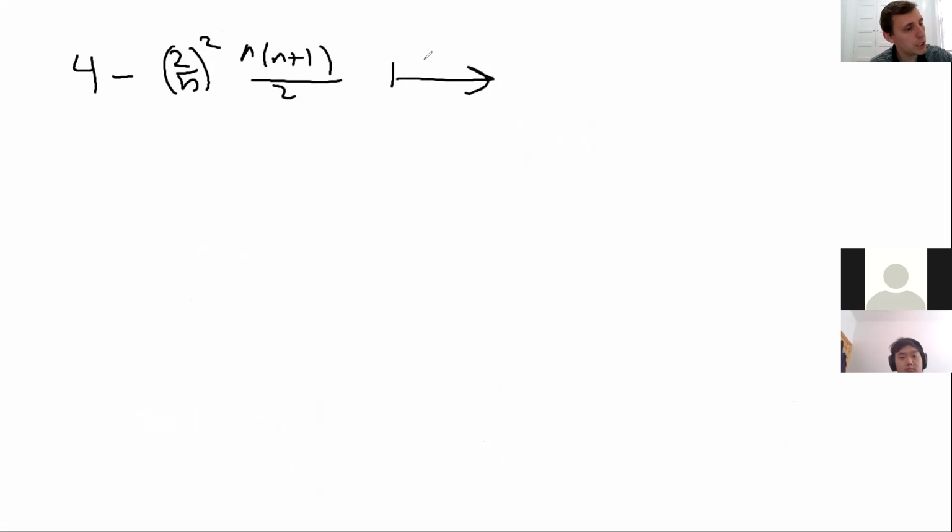I get 4 minus 2 over n squared times n times n plus 1 over 2, which if I push n to infinity will become 4 minus 2. You see this limit is 2 squared over 2, which is 2, just like I promised before.